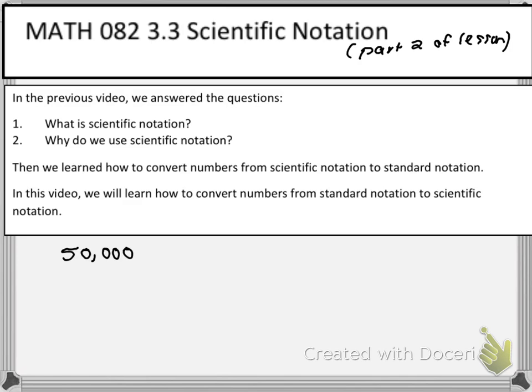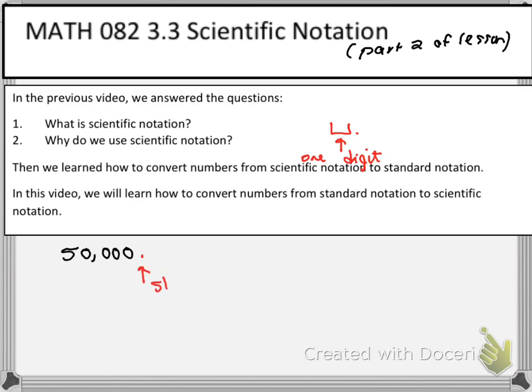So let's start with this example. Right now, our decimal place is sitting right here. Remember, by definition, a number in scientific notation can only have one digit before the decimal point. If there's more than one digit sitting in front of the decimal point, then the number is not truly in scientific notation.